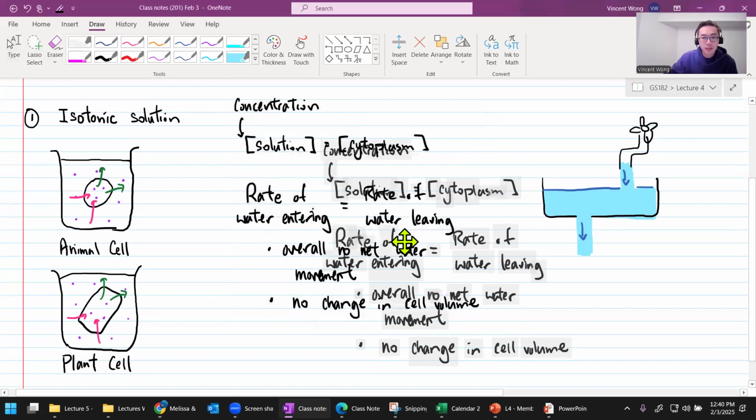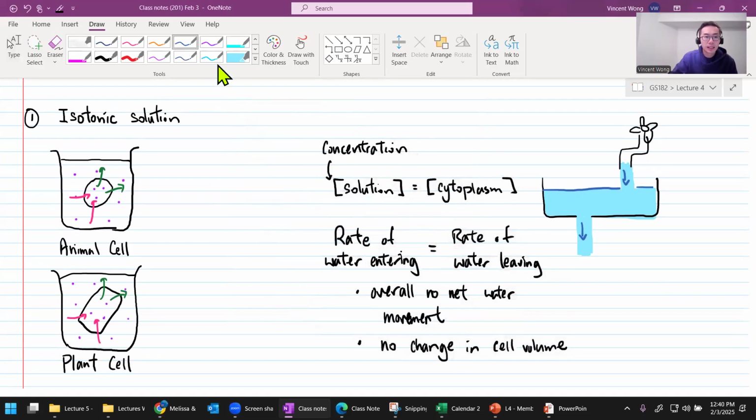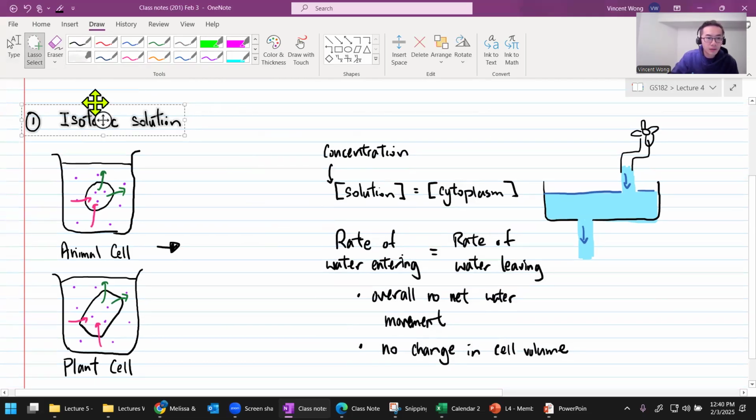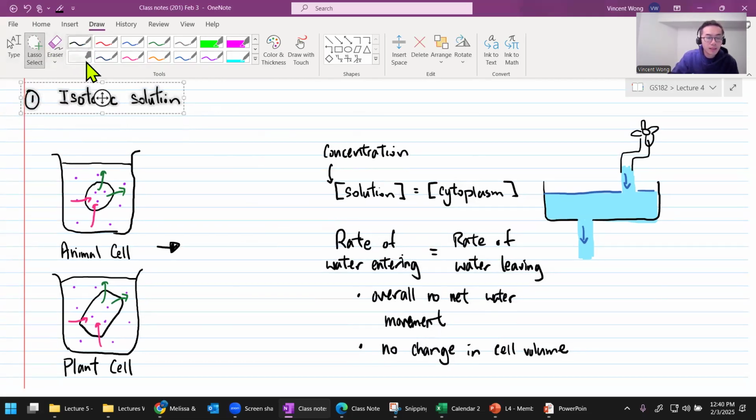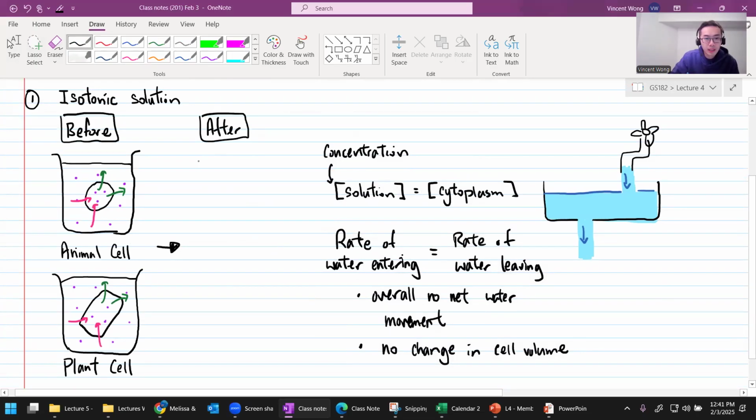Okay, just gonna move this stuff a little bit to the right. This is before, and then this is after. Sorry, I haven't done this note for a few months, so my spacing is a little bit off. So what's going to happen after?